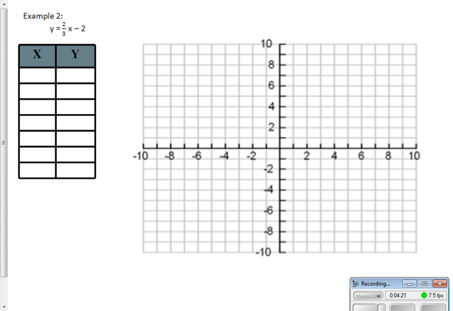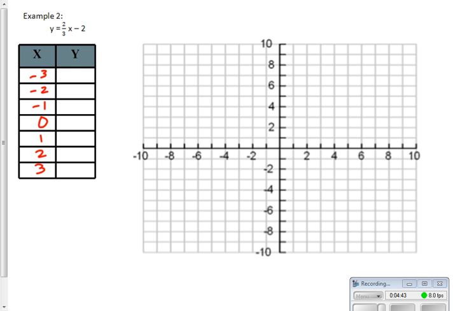Same concept in table 2. We have y equals 2/3 x minus 2. We're going to go ahead and fill in our table again. Remember, we're using the values from -3 up to 3, so we'll go ahead and fill these in. Those are the things that we are inputting for x, and we get something out for y.